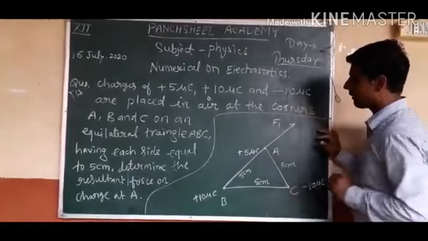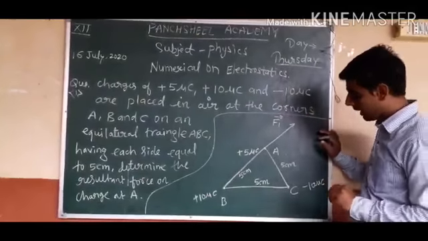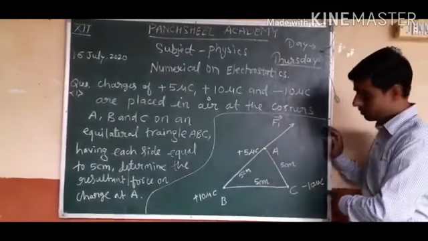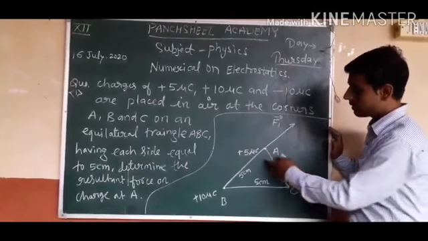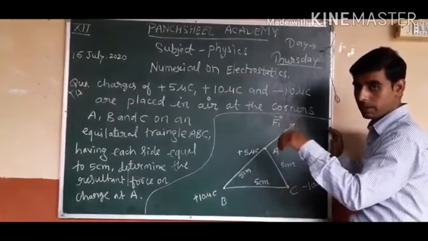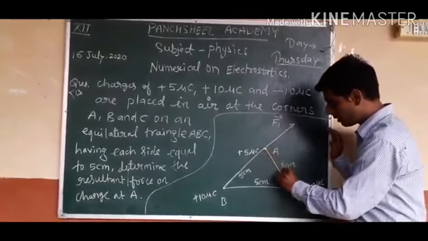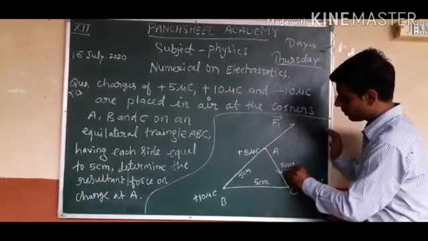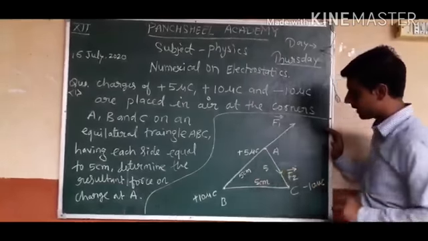Suppose this is F1 in this direction. And what about this minus 10 microcoulomb? This is minus 10 and this is plus 10. So is the direction of force repulsive or attractive? Attractive. So this is the force F2 in this direction.